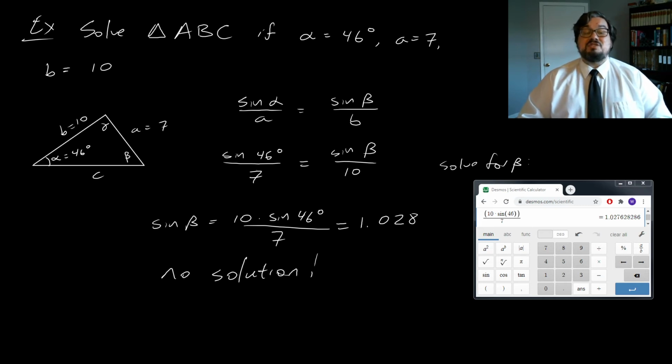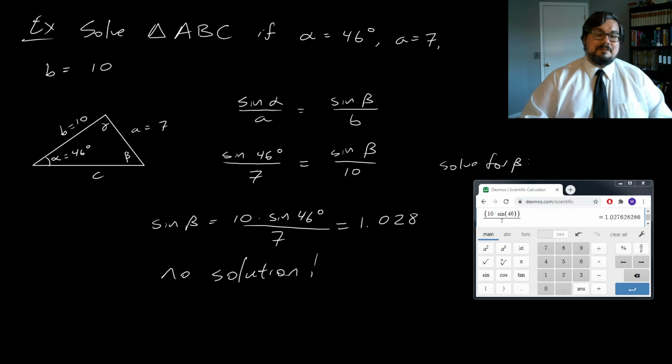So there is no possible beta that makes this work. And therefore there is no triangle at all that has the data that we are given at the beginning of the problem. There is no triangle where we've got an angle of 46 degrees, opposite side of 7, and one of the other sides having length 10. It simply can't work.